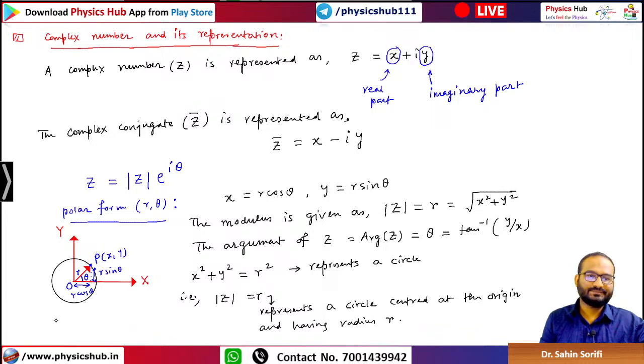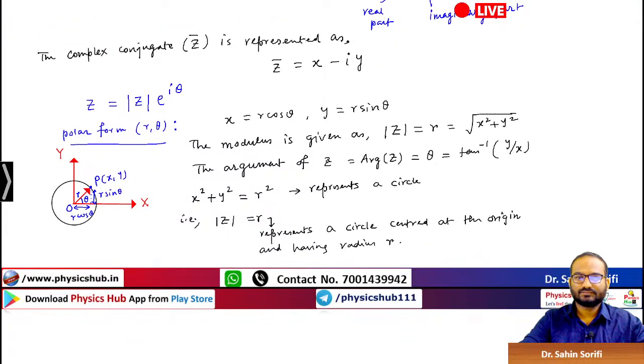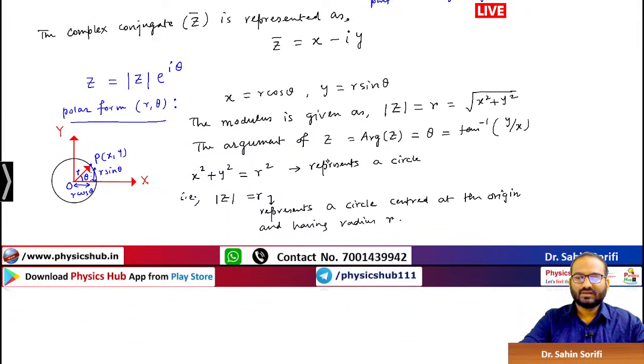Is it getting clear or not? So this graphical representation you need to understand. I hope this is clear to everyone.